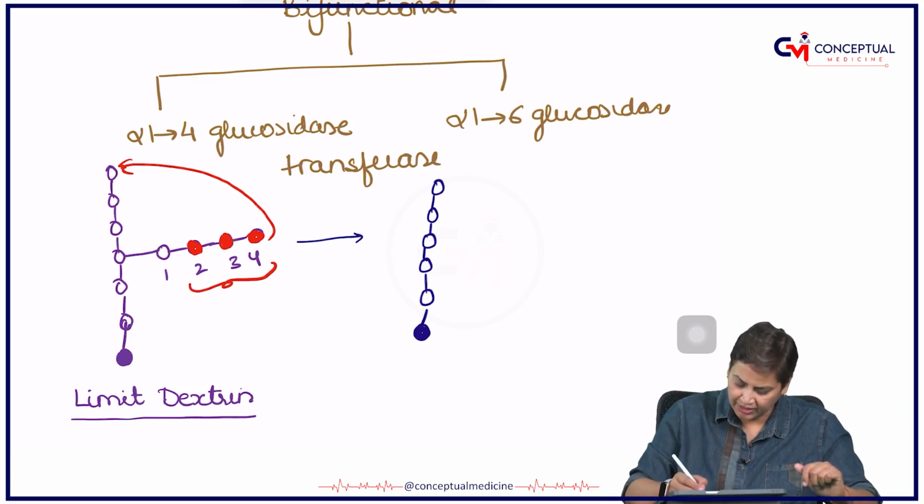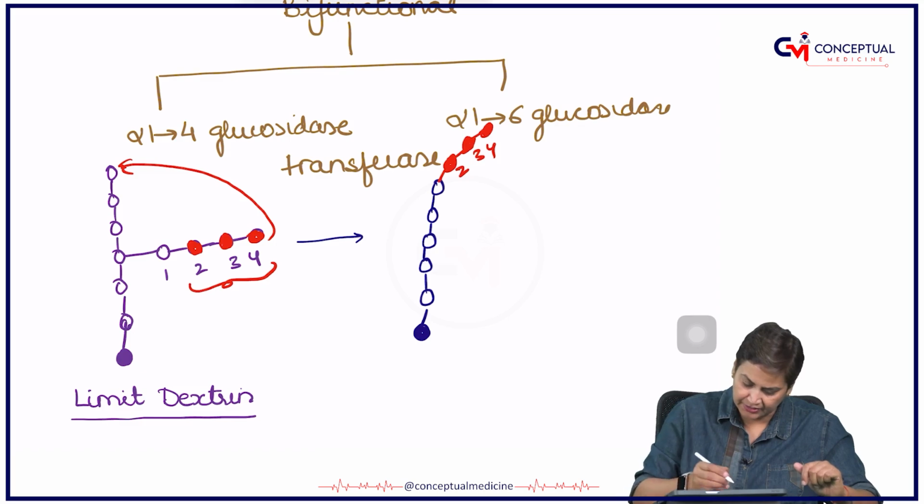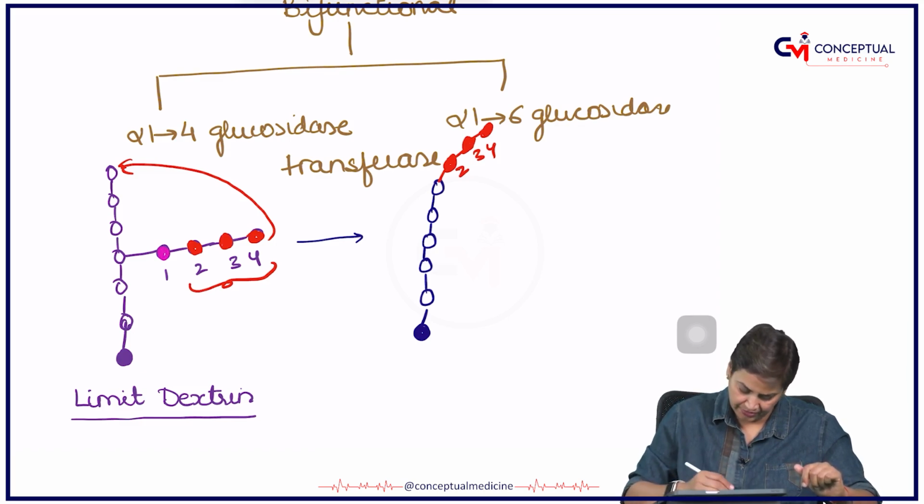Just to avoid the confusion I will write it like this, so it will be clearer to you, and here this 1 will be attached, somewhere here, 1, 2, second pair like this.